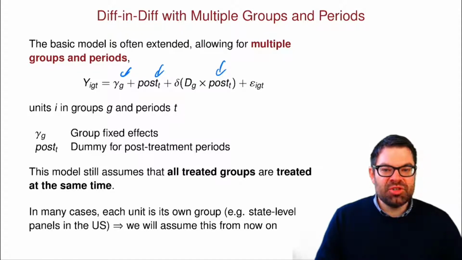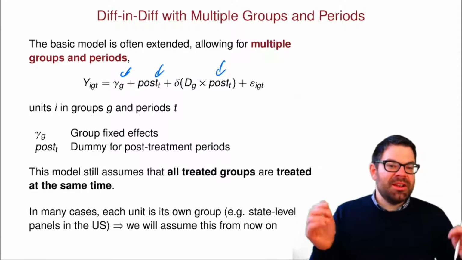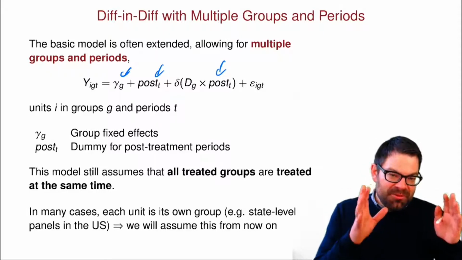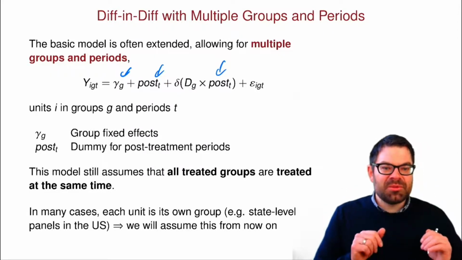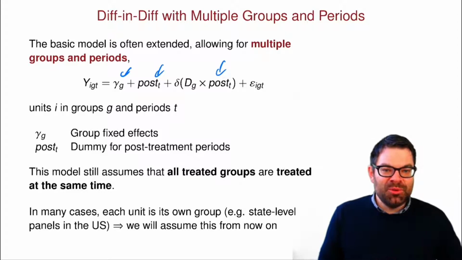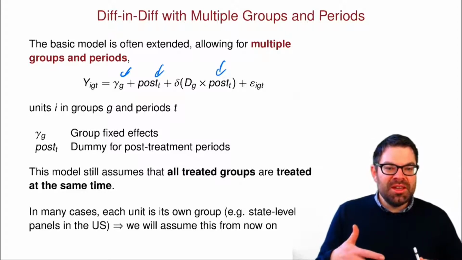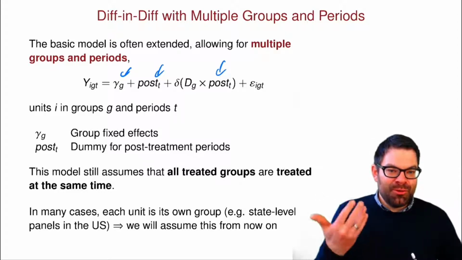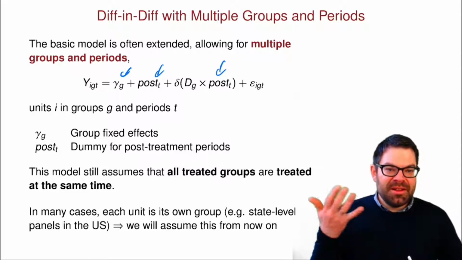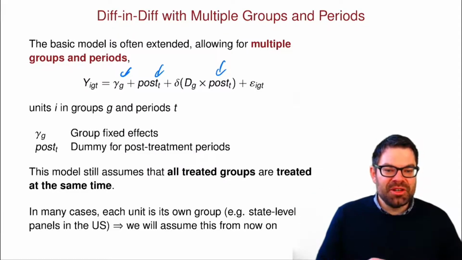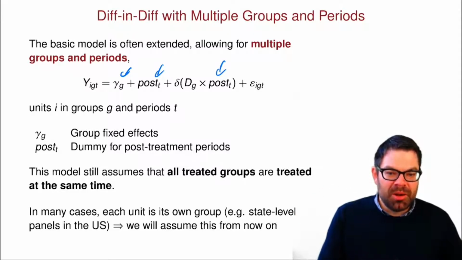So D_g here is not really a group dummy, it is whether you are in a group that has been treated. Imagine that of the 50 states, 25 introduce a certain policy, the other 25 don't. Then the dummy D_g is 1 if a worker lives in a state that has actually introduced that policy.